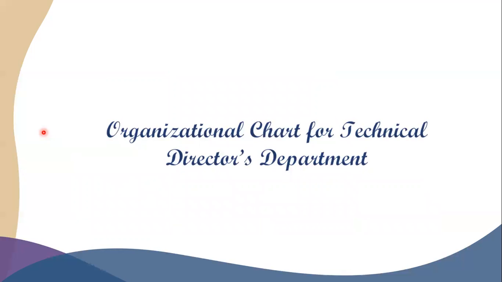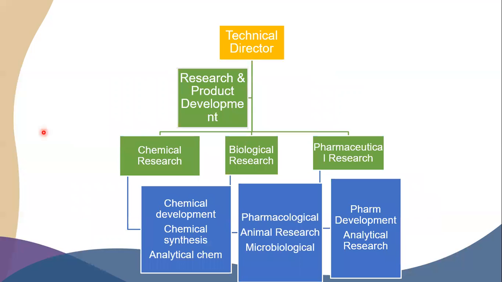For your organizational chart for technical directors department, you have your technical director on top, then you have your research and product development. Under that, you have your chemical research, which is your chemical development, chemical synthesis, and analytical chem. Yan.